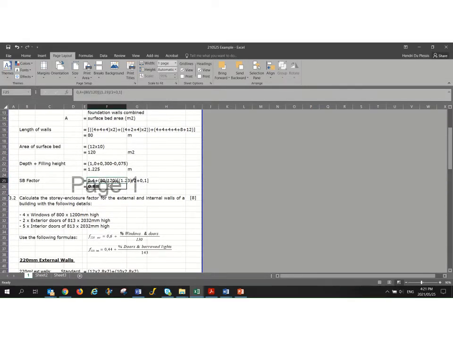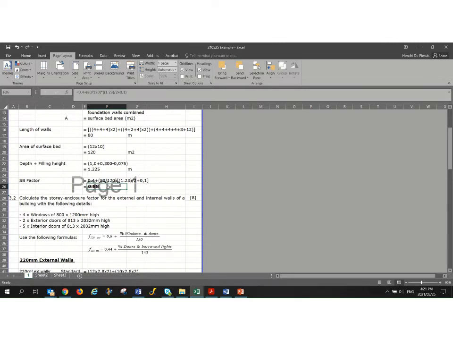So it's 0.4, and then the length of your walls divided by your surface bed area times 1.23 divided by 2 plus 0.01, and then you just add the 0.4 there at the end, and this is basically the formula, and you get a factor of 0.88. So that's the first question answered.